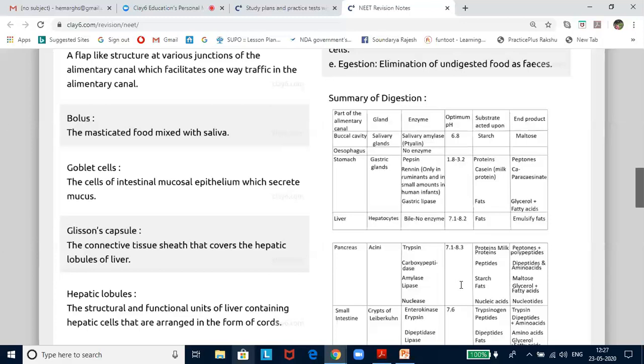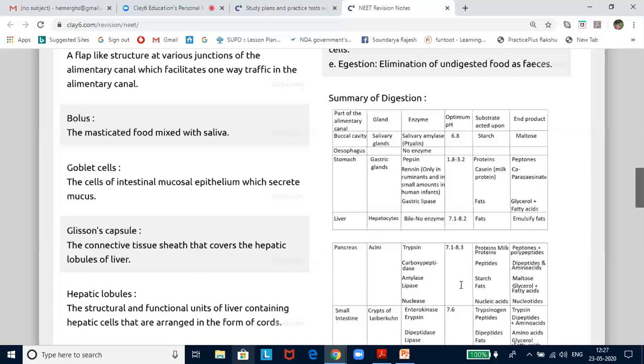Mucus is secreted by goblet cells, whereas water and electrolytes are secreted by the enterocytes present in the intestinal crypts. The mucus protects the duodenal wall from getting digested. The excess of bicarbonate ions present in the secretion of Brunner's glands combines with the bicarbonate ions of the pancreatic juice and forms the intestinal juice or the succus entericus.